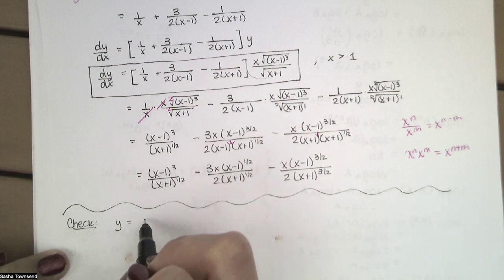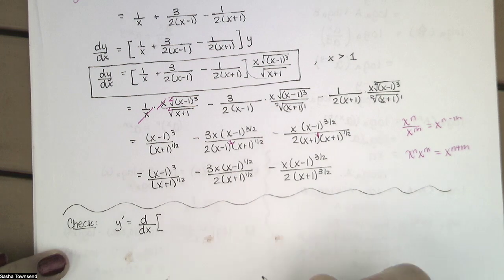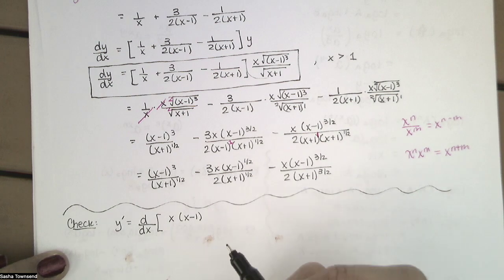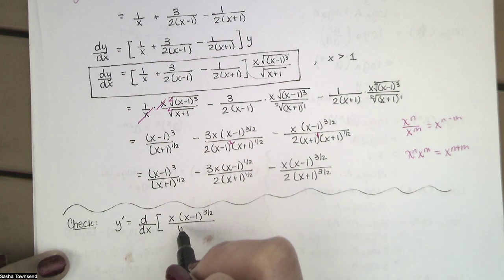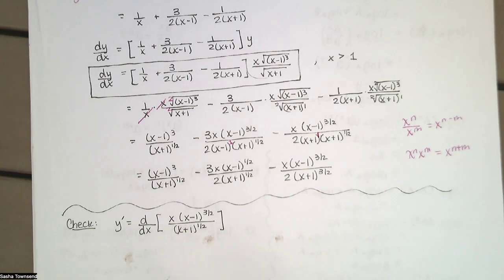So we have y prime equals the derivative with respect to x of the quotient. And I'm going to rewrite that square root of x minus 1 cubed as x minus 1 to the 3/2 right away. And then the x plus 1 to the 1/2 is in the denominator.